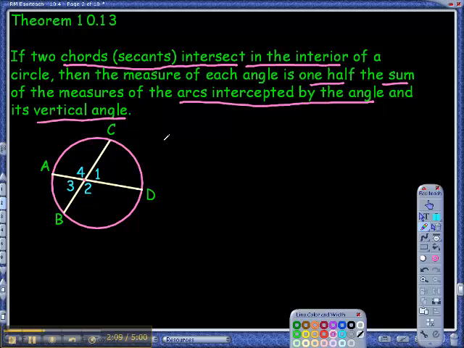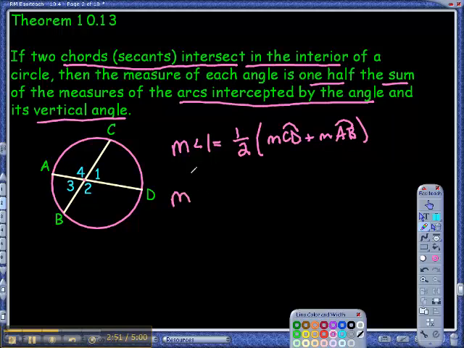So if I wanted to figure out the measure of angle 1, that measure will be 1/2 of the sum of the measures of its arc and its vertical angle's arc. So 1/2 of the measure of arc CD plus the measure of arc AB.